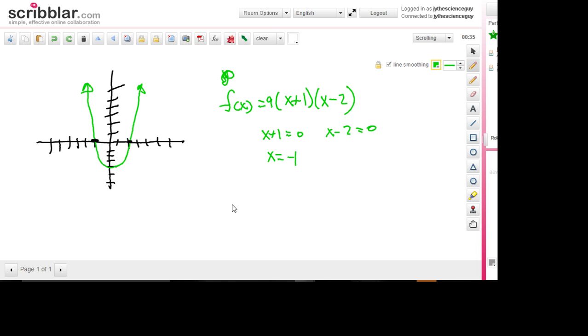Do you see why it's flip-flopped? Yeah, I do. What would the other one be? That would be positive 2. So when you're writing it in the equation, the sign always changes from what the actual zero is.